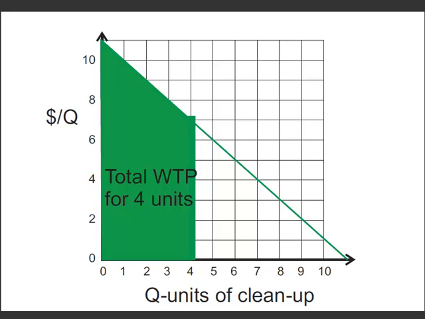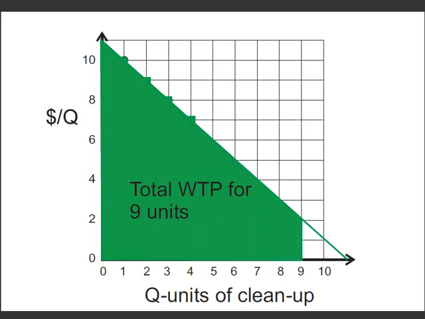Now, those aren't exactly equal, but for the purposes of AGEC 350, we're going to treat them as equivalent. So anytime that we're trying to measure the total willingness to pay, you can think of the area under the curve. And so in this case, we have the total willingness to pay for 4 units is the area under the willingness to pay curve from 0 out to 4.